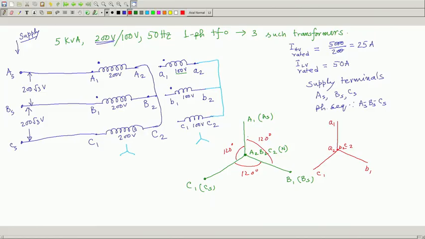Are you getting? A2 B2 C2 I have forced them to be at equipotential. These 3 phasors were in isolation, they cannot be. So, it will be like this.